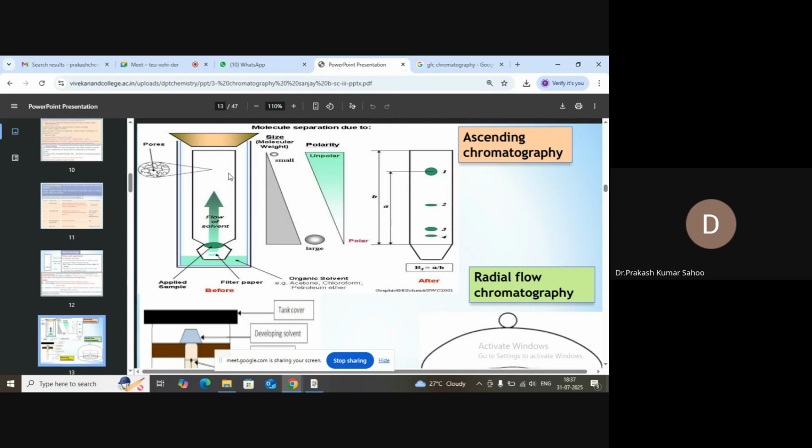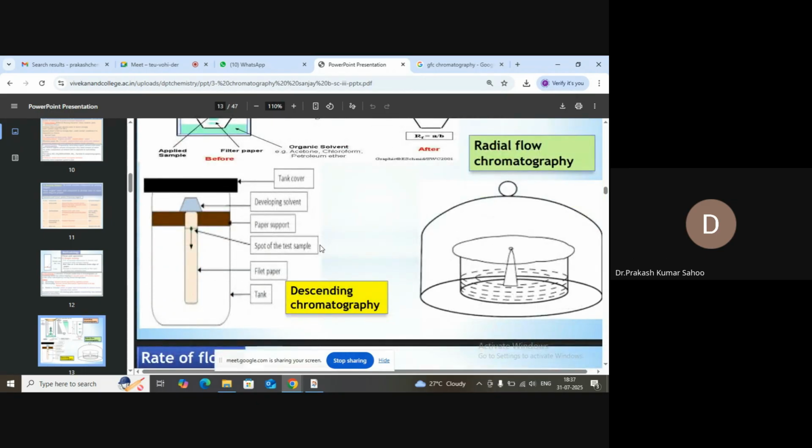So this is ascending. Now when your chromatography paper is hung with the help of a clip or some technical tools, then what happens? At this position, the paper is dipped inside the solvent chamber, and the solvent wets the paper from the top point and moves downward.